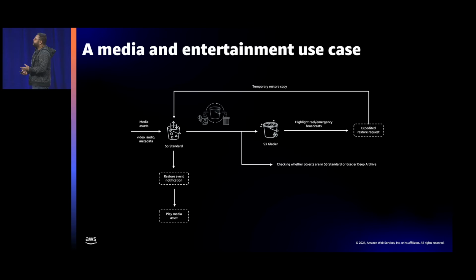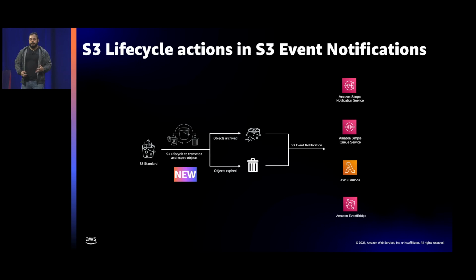So often, to navigate around that problem, they do daily or weekly polling to check whether objects are in Standard or in more archival storage classes. They do that by issuing HEAD API calls or using S3 Inventory to know where objects are in their storage classes.